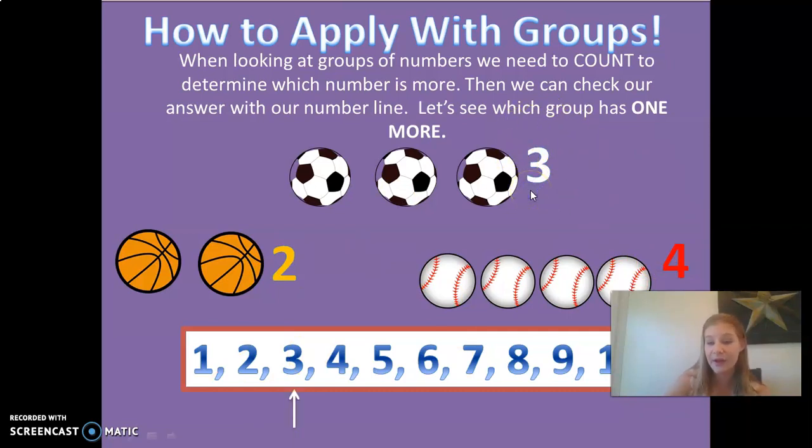So here's our number 3, and we're looking at the number 2 and the number 4. And we said the number that will be 1 more than 3 will come after 3, so on this side of the number line. On this side to the right is the number 4, which tells me that 4 is 1 more than 3. I know this because 4 comes after 3.